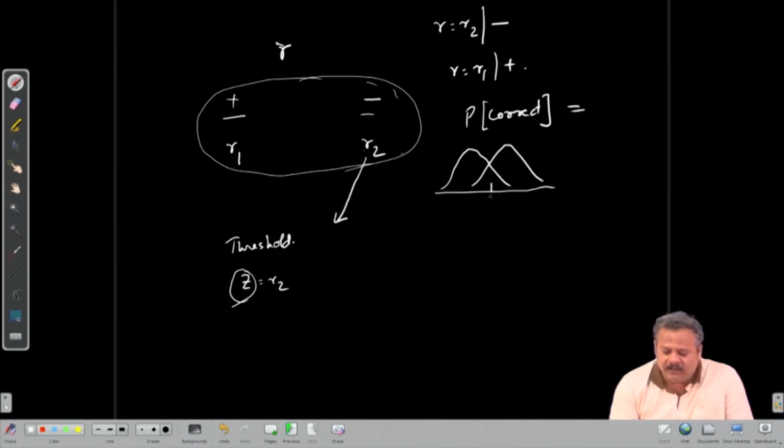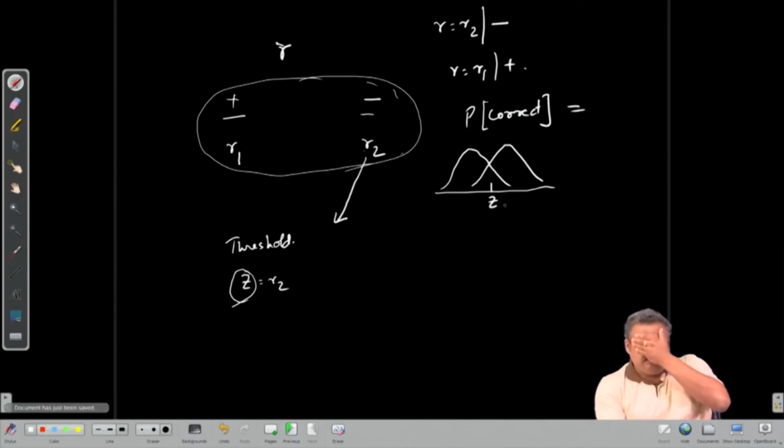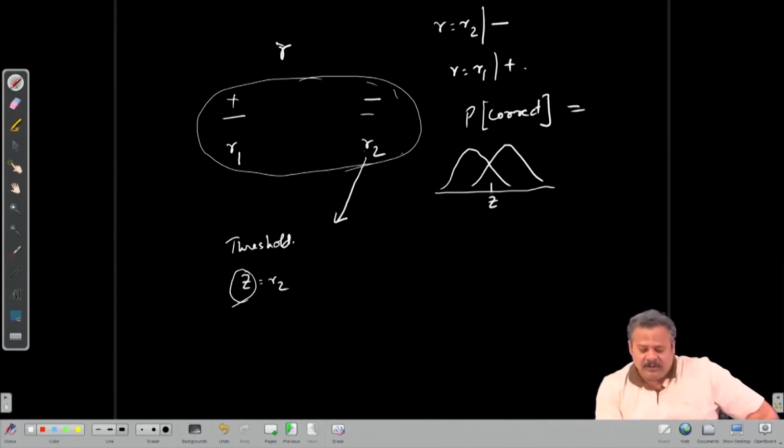We have a particular value of Z, and we need to find out what is the probability of correct, and we see that the first thing is this Z is our threshold, which is the rate 2, which means how often will we see that?